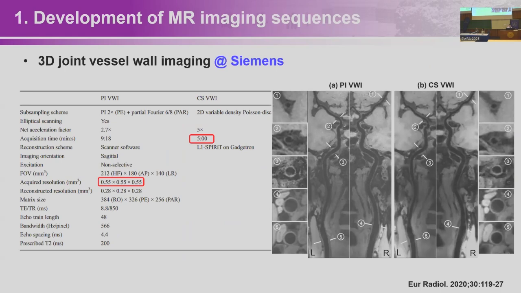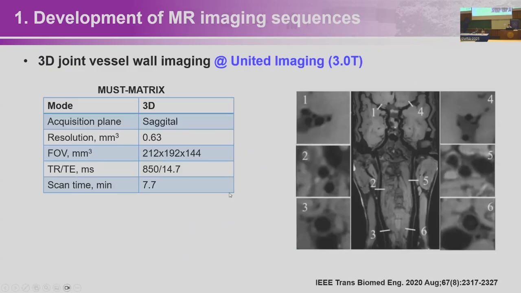Actually, this 3D joint vessel imaging protocol can also be performed on other platforms like Siemens and United Imaging 3 Tesla MR scanners.